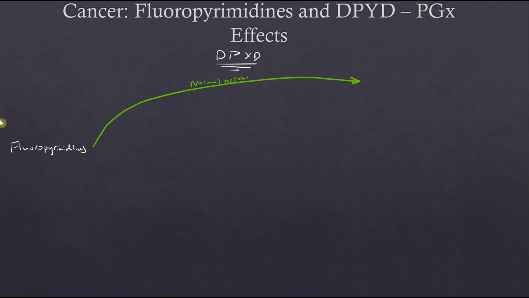If you're a normal metabolizer genotype and therefore phenotype of DPYD, the gene, you have normal activity of the enzyme DPYD and therefore a normal risk of toxicity from fluoropyrimidines. Let's take a look at what would happen if you're an intermediate metabolizer at DPYD.